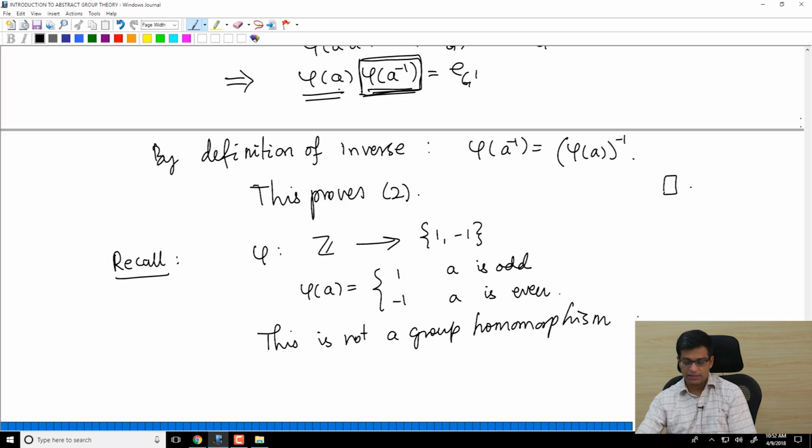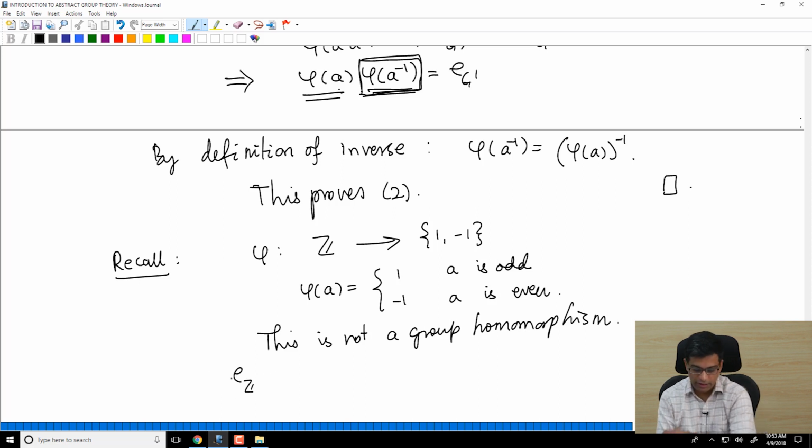Now let's do this exercise using the proposition that we proved today. Remember, the other way, if you send even numbers to 1 and odd numbers to minus 1, that was a group homomorphism. But if I interchange this, it's not. In fact, what is the identity element of Z?